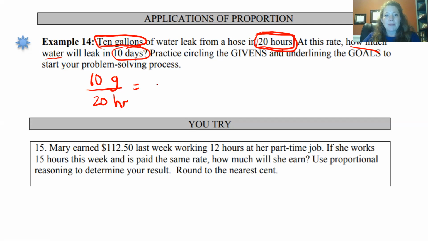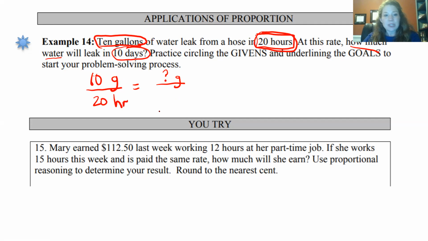We want to know how many gallons, and this should be hours, but they don't have 10 hours, right? They have 10 days. So how can we get these days to hours? We can't have 3 different units. We can only have 2 different units. Since we have gallons, those match. Here, both of these have to be days or they both have to be hours.